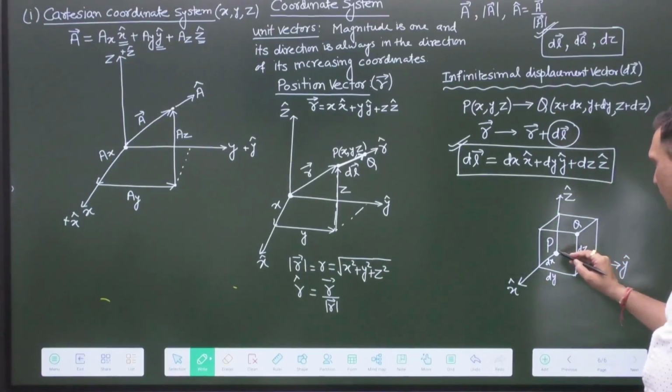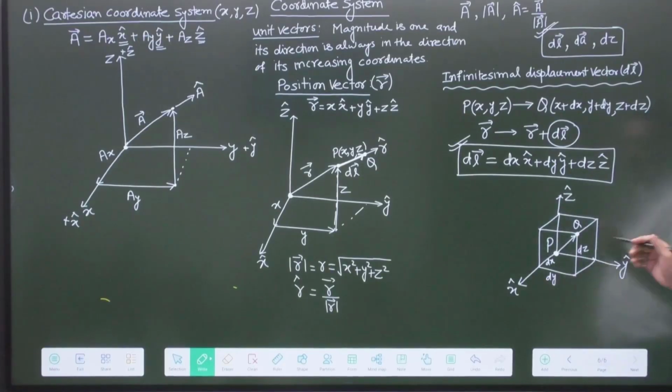So if you connect point P with point Q, this will be your dl vector. Just connect point P with point Q. So that will represent your dl vector.